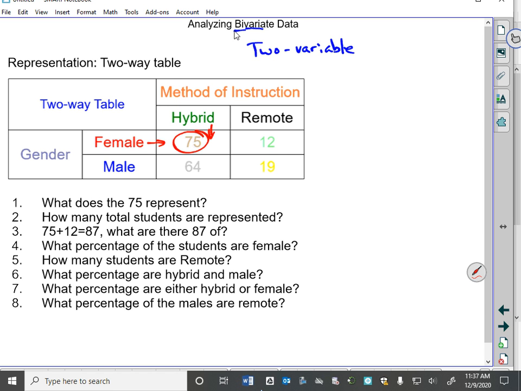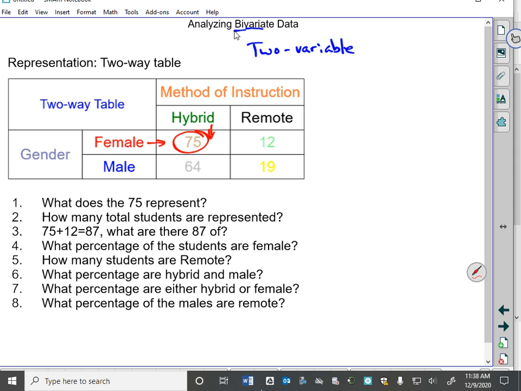So this is something familiar to us right now. You've been having to declare that for next semester anyway. So I've got female students and male students, and they're either in hybrid instruction or they're in remote instruction. And so this 75 is both female and hybrid.